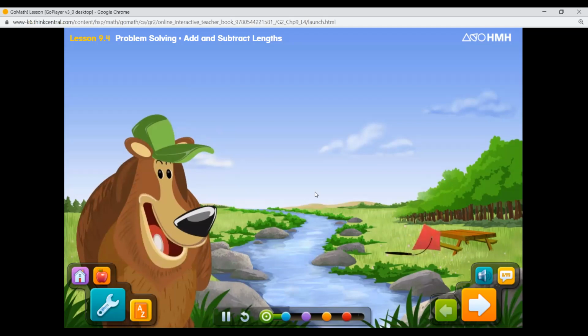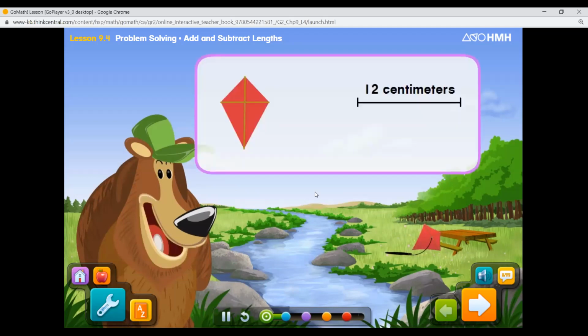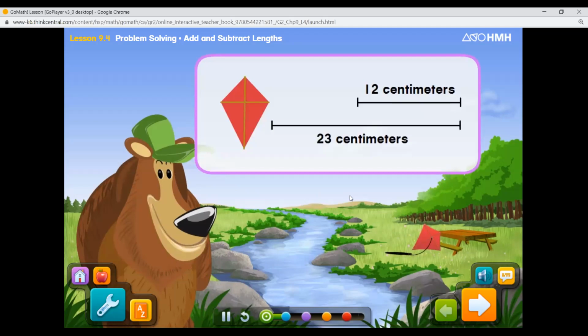The string is only 12 centimeters long now. Earlier, it was 23 centimeters long. I wonder how many centimeters of string broke off of the kite. Maybe we can draw the distances on a number line to help us solve this problem. What do you think? Come on, let's go find out.